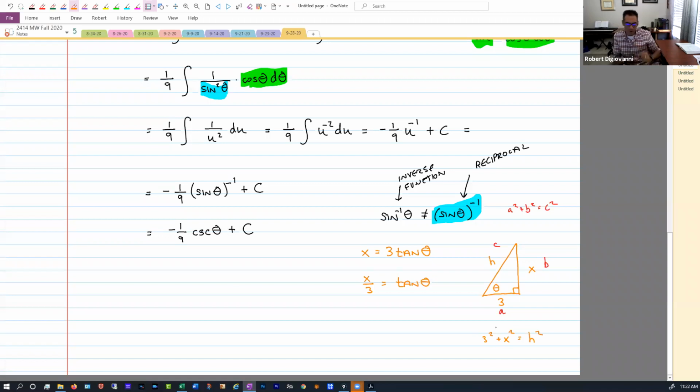And we want to solve this for h, don't we? Because we don't know what h is. So this is 9 plus x squared equals h squared. And then we just take the square root on both sides, and that'll give us h. We only take the positive answer because it's a hypotenuse. It has a length, so we won't look at that as being negative. So this side is the square root of x squared plus 9.